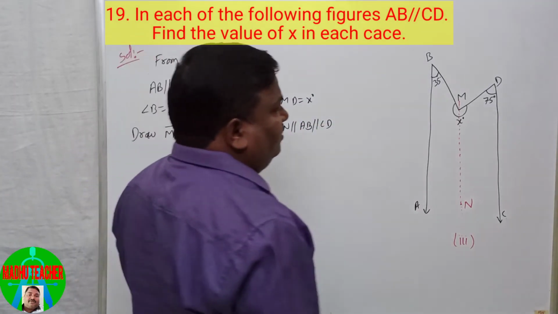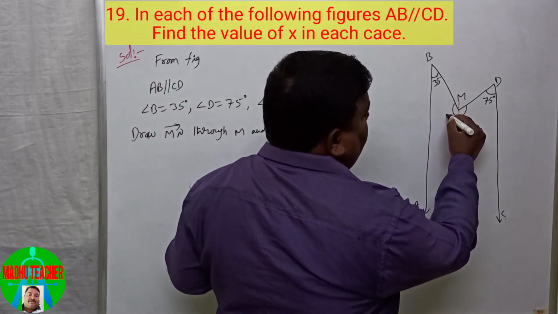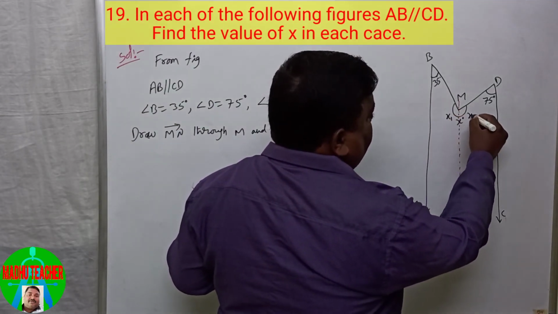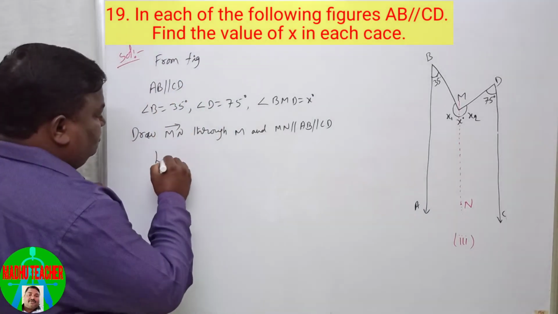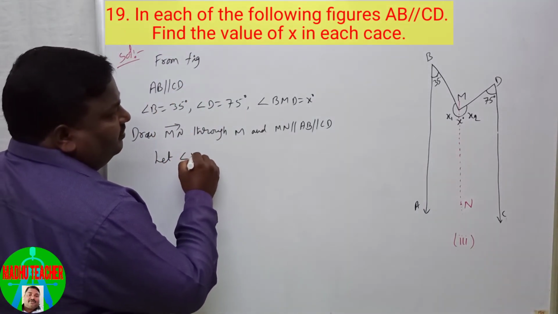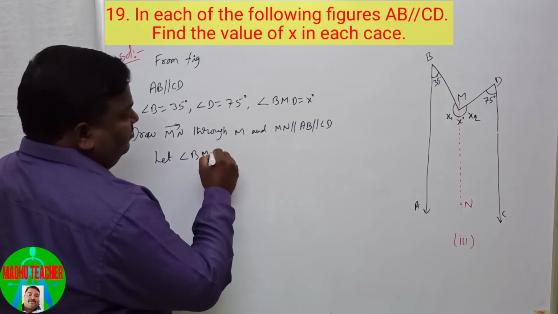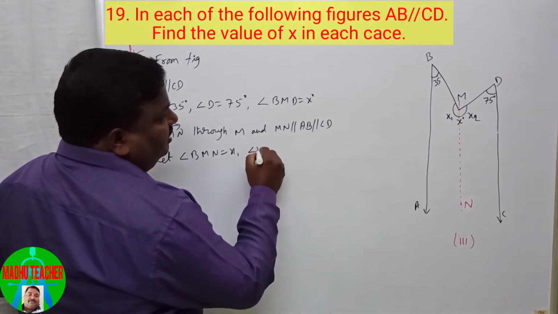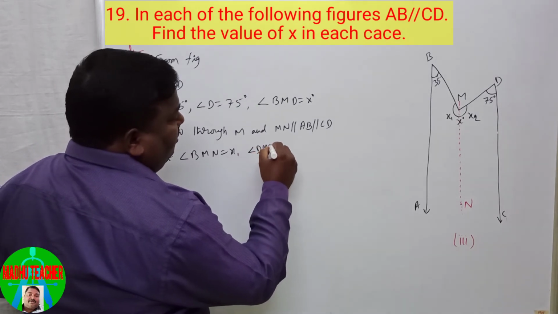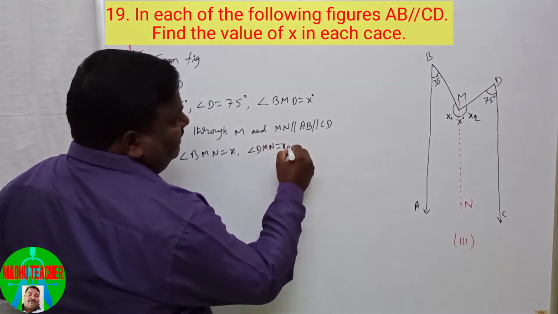So first I am taking this as x1 and this as x2. Let angle BMN equal to x1, angle DMN equal to x2.